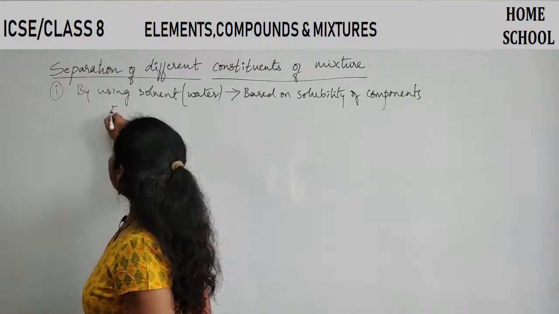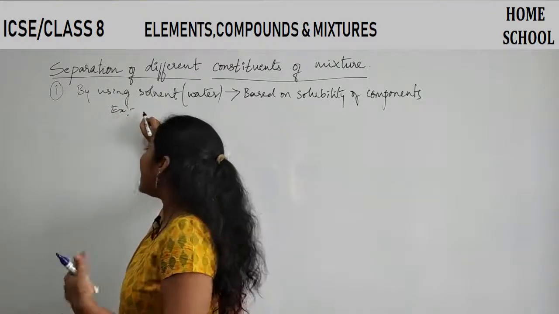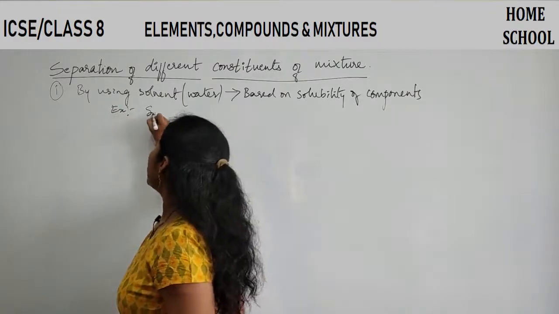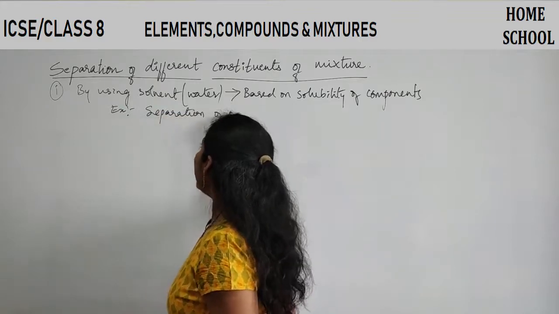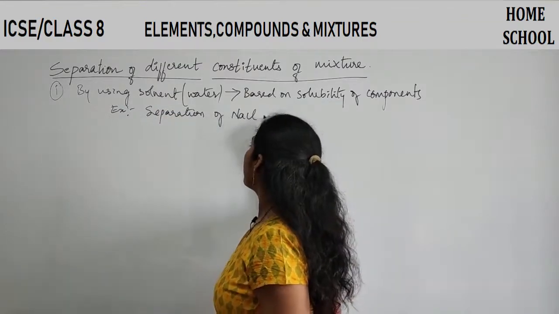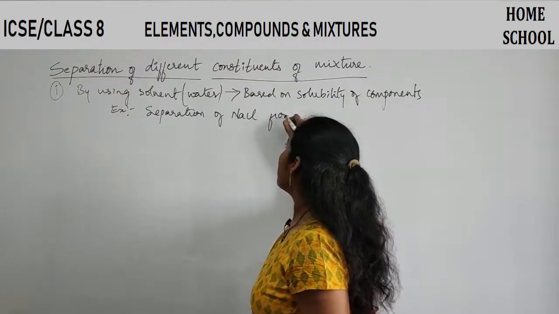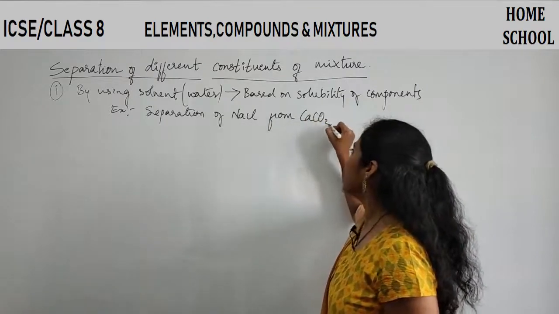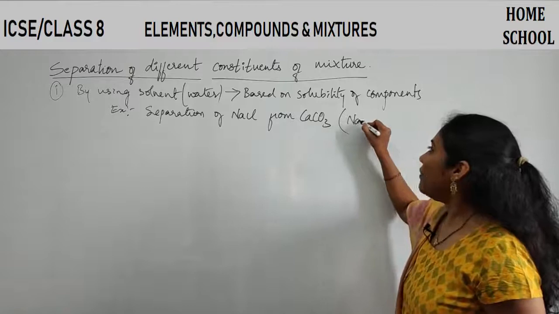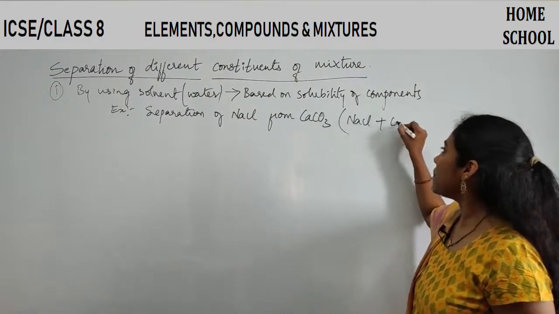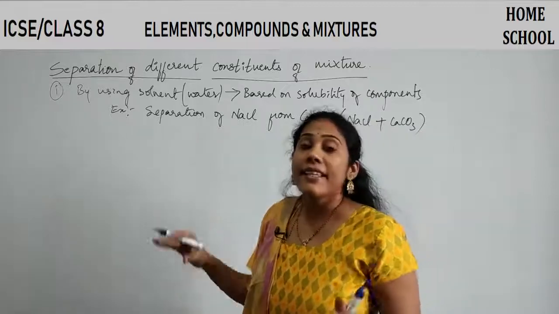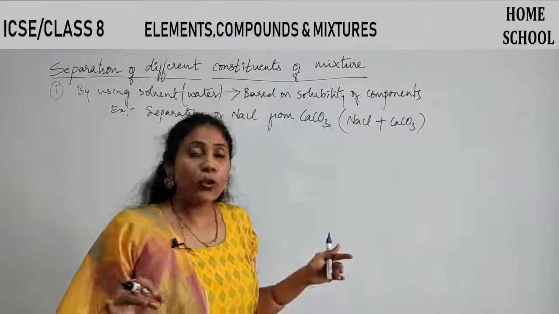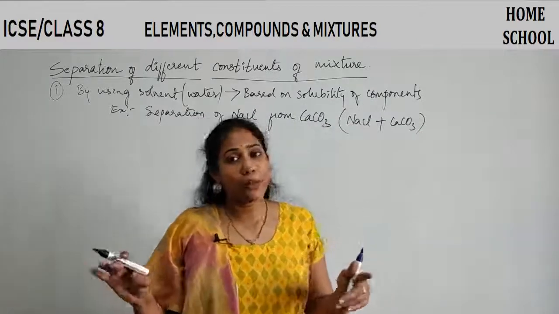The example I'll take here is separation of NaCl from calcium carbonate. So what is the mixture I have? I have NaCl mixed with calcium carbonate. Both are white color powders. Say NaCl, I want to get it separated from calcium carbonate.